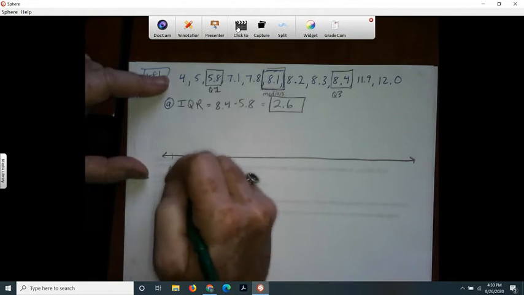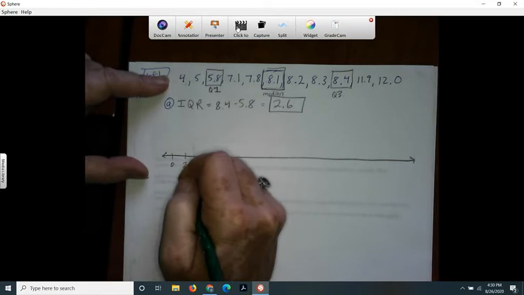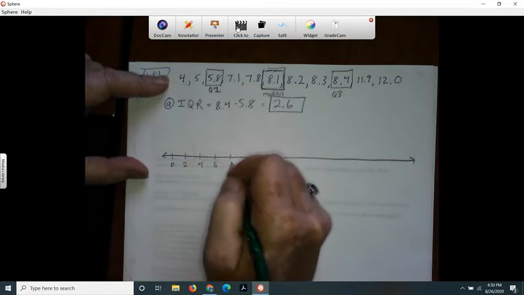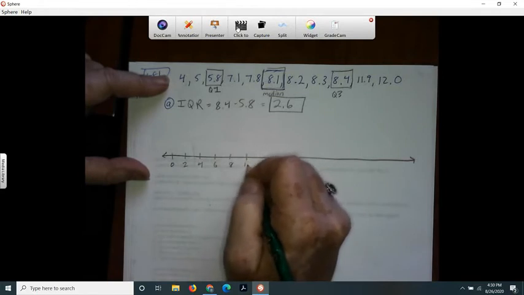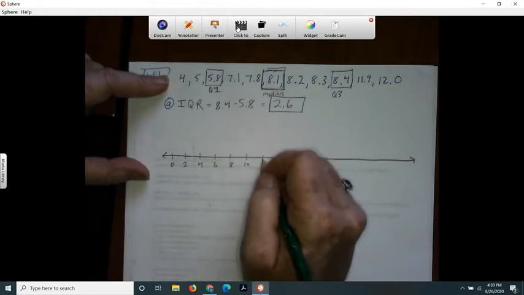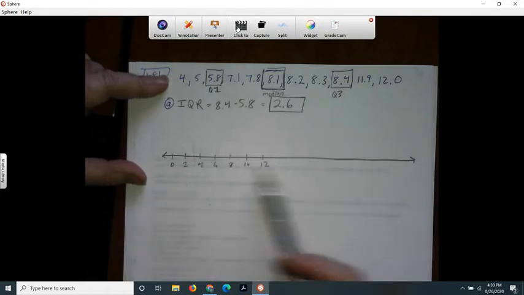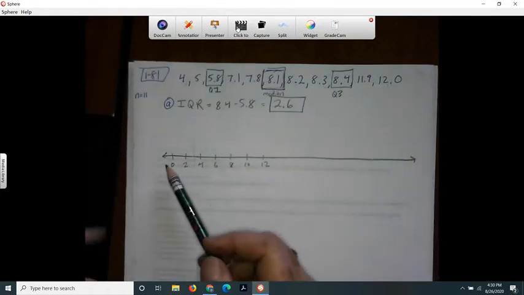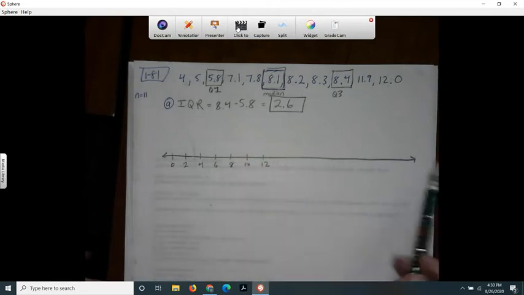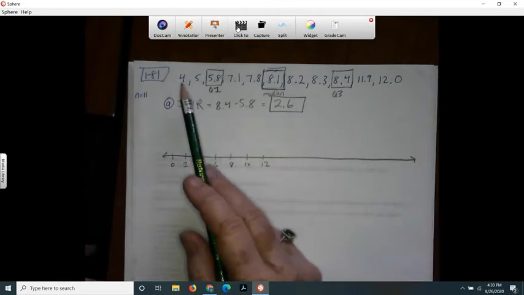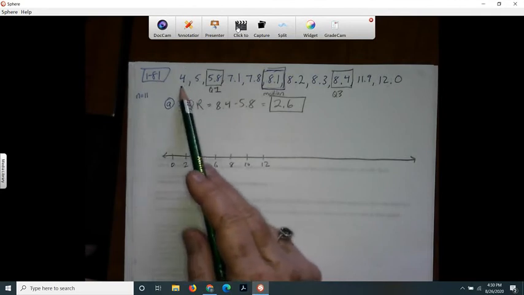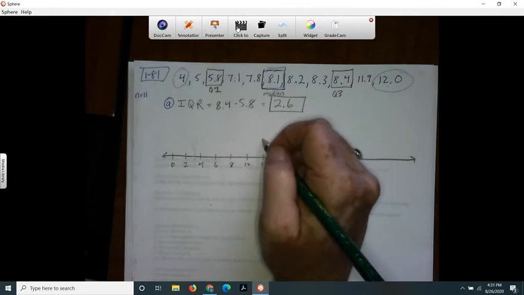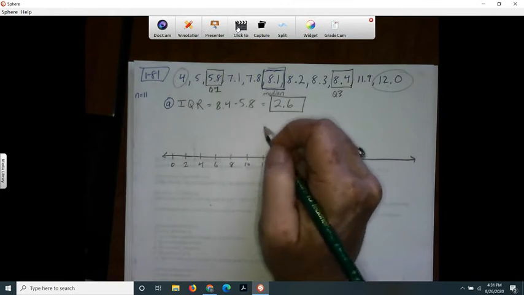I'll go 0, 2, 4, 6, 8, 10. I guess I could have 12. I'm just trying to make some kind of number line that all these numbers will fit on. And I guess it didn't have to be that long. So I'm going to put my whiskers on these two ends right here.